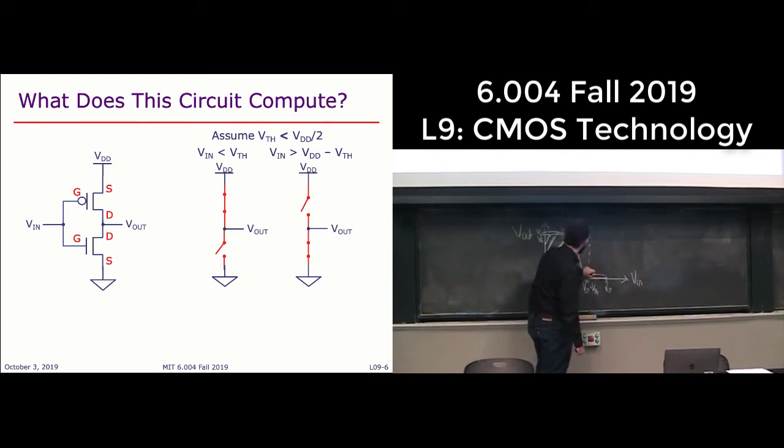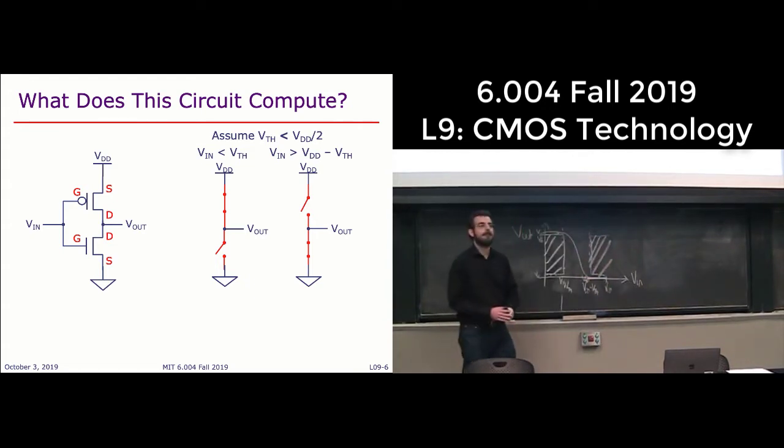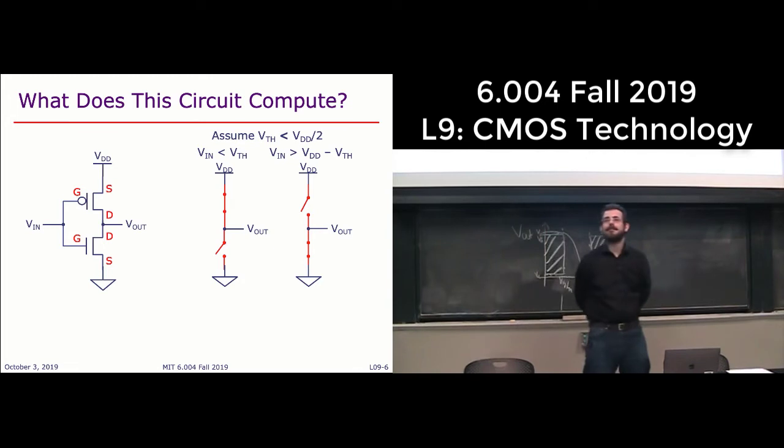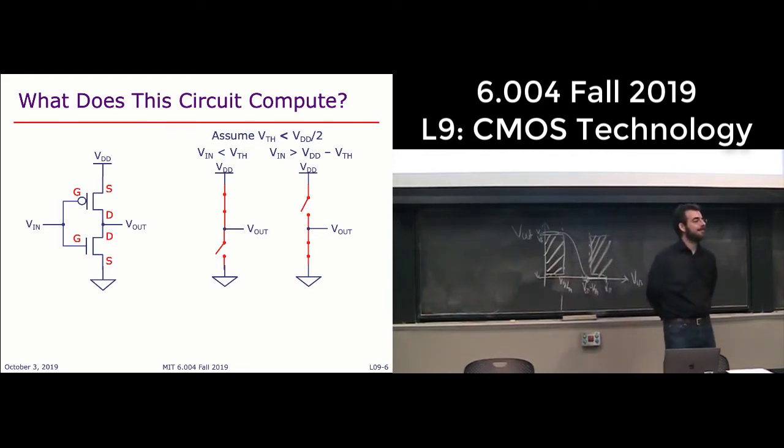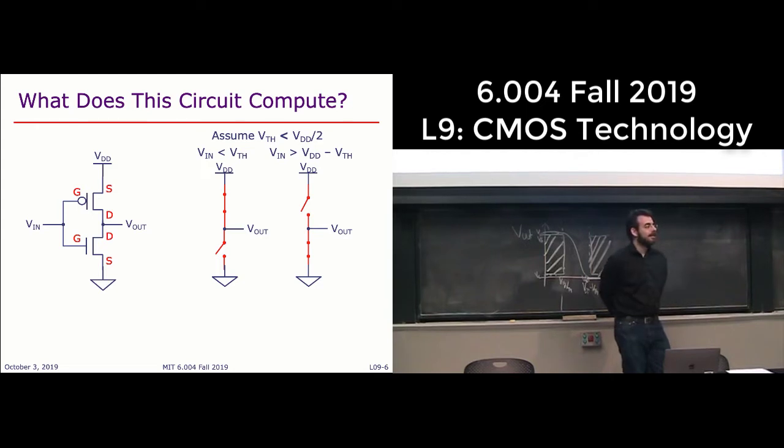And if I wanted to maximize my noise margins, what value of VTH should I pick? Do you want VTH very close to 0, or large, somewhere in the middle? So remember, what is the noise margin?